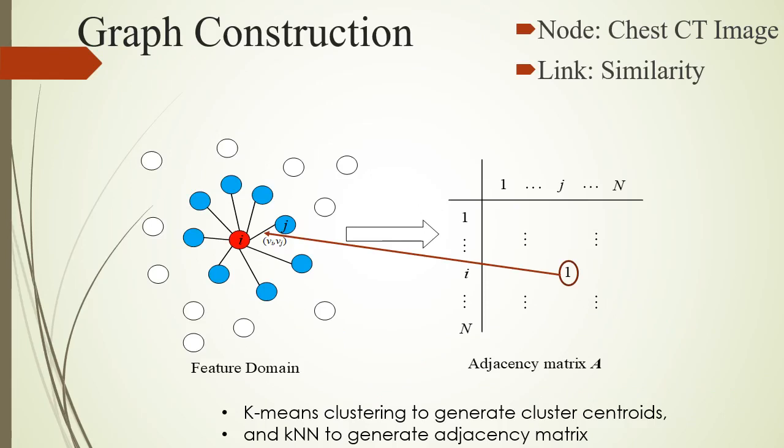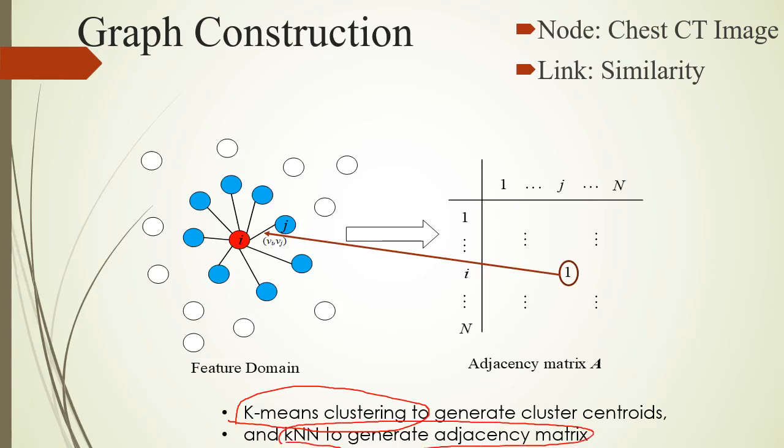So here it shows how the graph is constructed. The first step is we use k-means clustering to generate the cluster centroids from the batch of our test images. Then we use the k-nearest neighbors algorithm, the KNN, to generate the adjacency matrix.